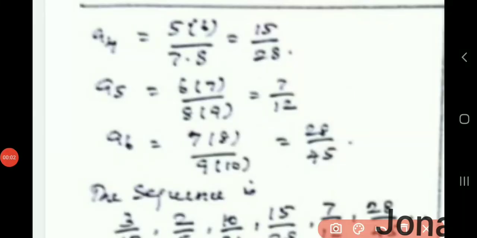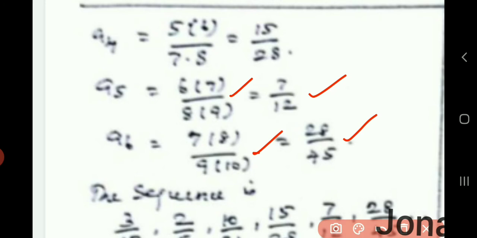A4 equal to 5 into 6 by 7 into 8, which is equal to 15 by 28. A5 equal to 6 into 7 divided by 8 into 9, which is equal to 7 by 12. A6 equal to 7 into 8 by 9 into 10, which is equal to 28 by 45.